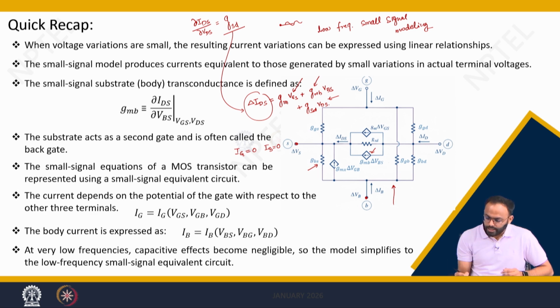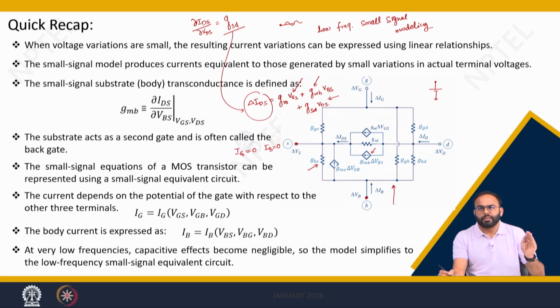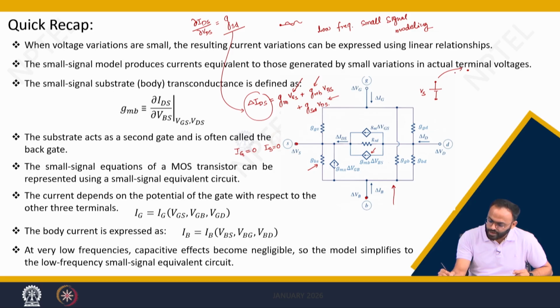We also said that we can define this in an alternative way, by considering the individual terminal voltages with respect to a common reference as ground. So, instead of defining VGS, we can simply define Vs, which is the voltage of the source with reference to ground.